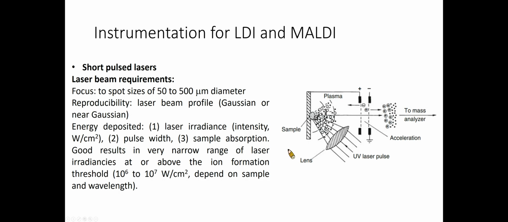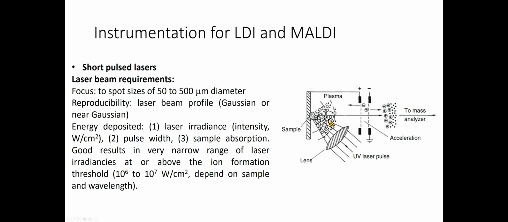The two major parts of LDI and MALDI are the laser pulse or energy source and the sample layer. The short pulse laser supplies energy onto the sample layer. Usually, the laser beams focus to spot sizes of 50 to 500 micrometers in diameter.